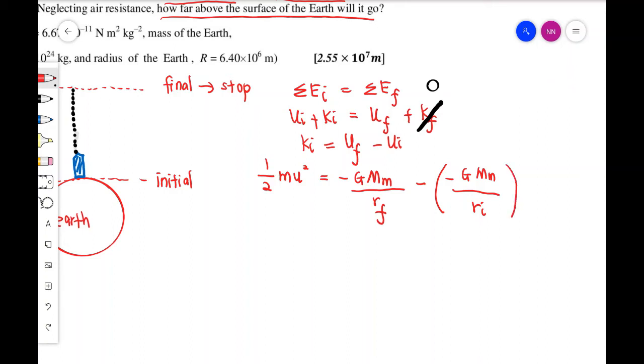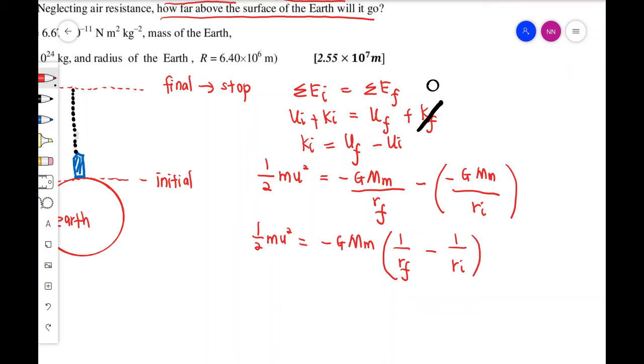Okay, so kita boleh factorize. Boleh factorize: half mu squared equals negative GMm, 1 over rf minus 1 over r initial.